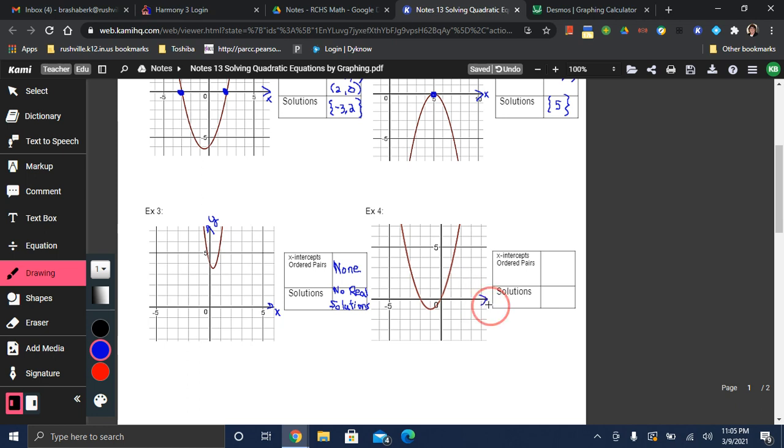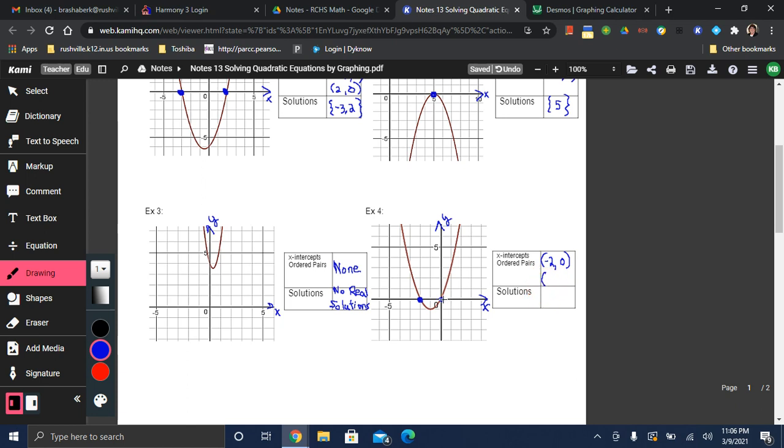This is your x-axis and y-axis. So we've got an ordered pair of -2, 0. And another ordered pair. Again, these are both x-intercepts.